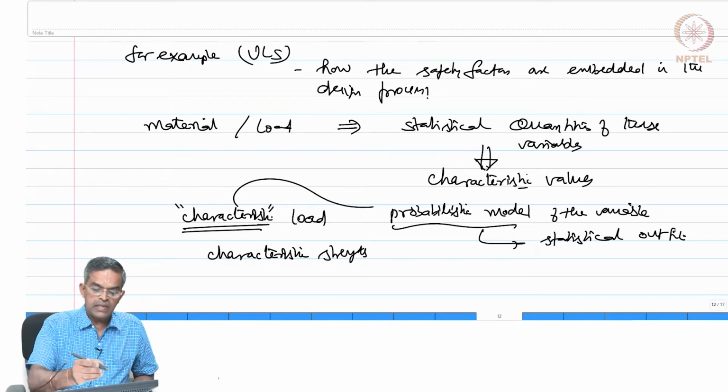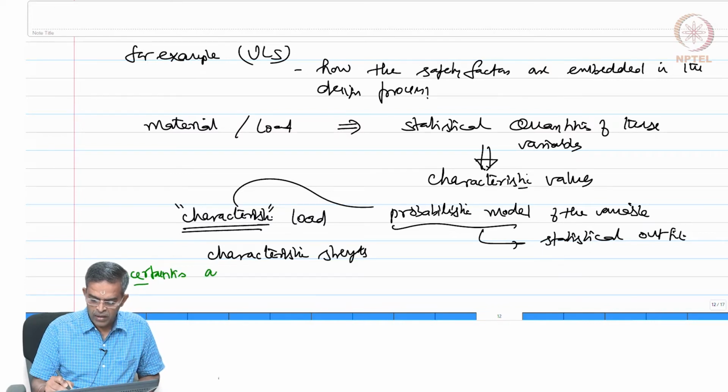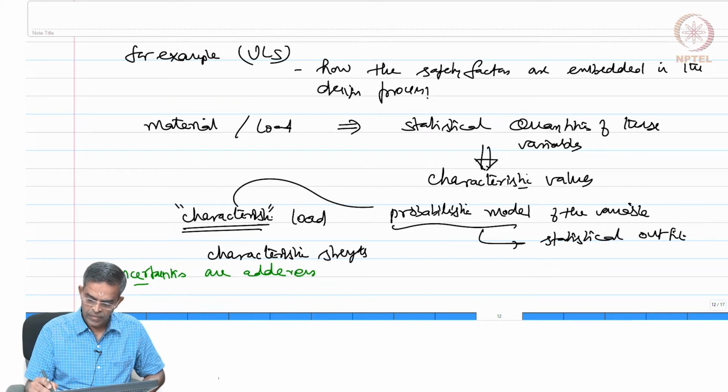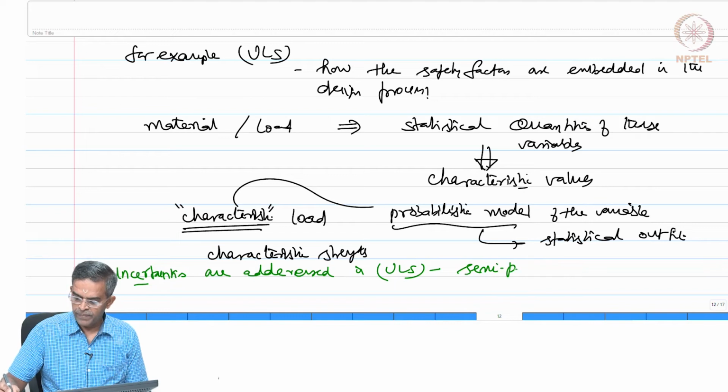So, what we can understand here is that uncertainties are addressed in ultimate limit state procedure in a semi probabilistic manner.